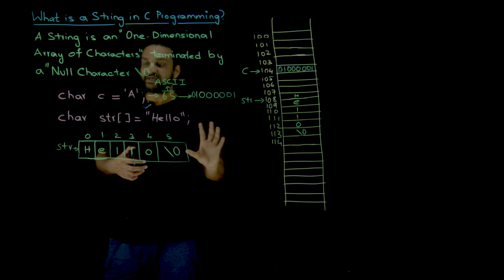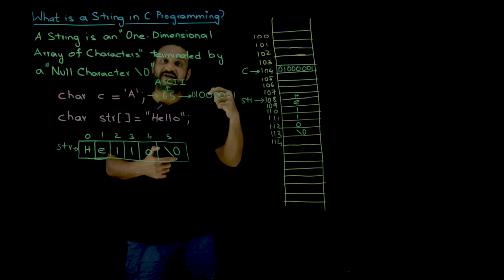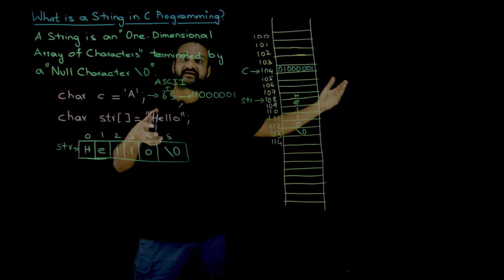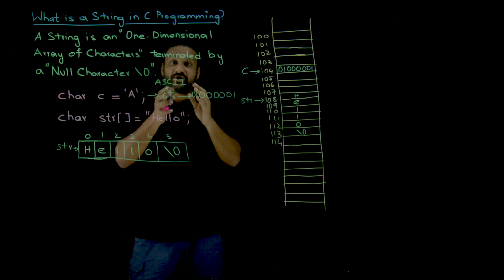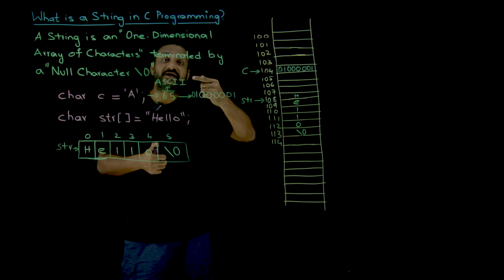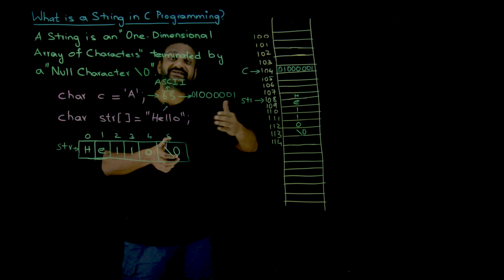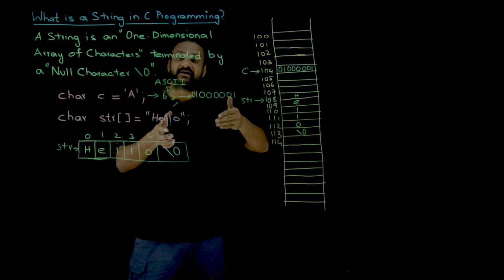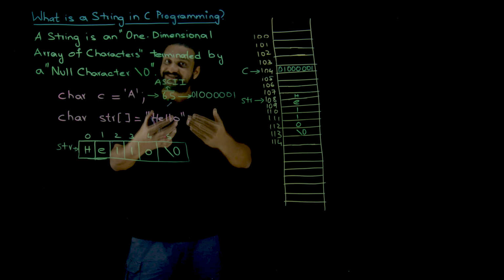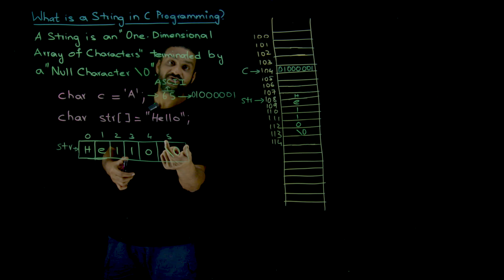Why so? For example, if you want to access this entire str, how will it get printed? It has to print all the characters as one sequence. Now, in order for the compiler to understand where this string is terminated, what is the end point of this string, whenever we assign a value into the string, this null character is used.